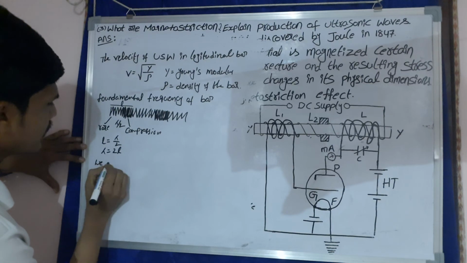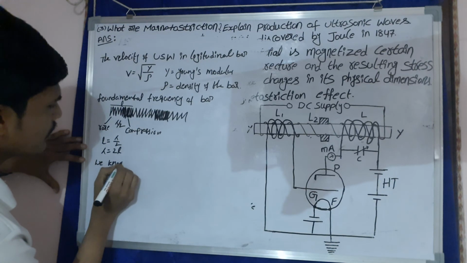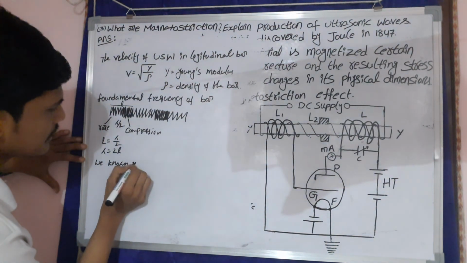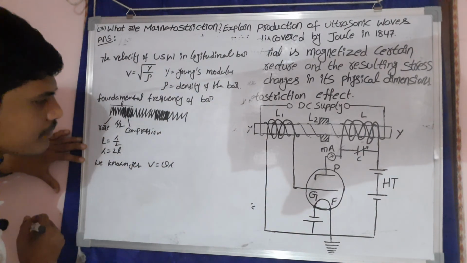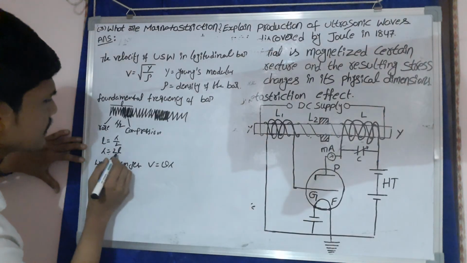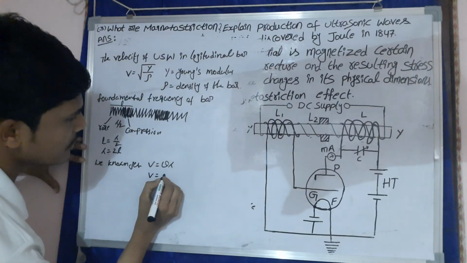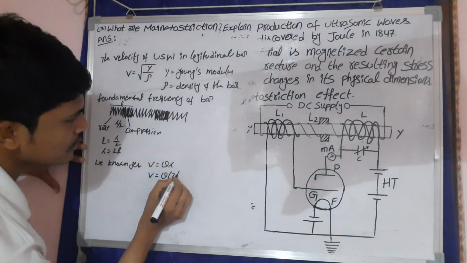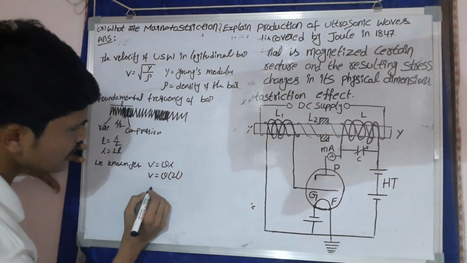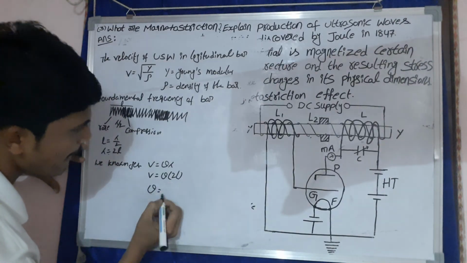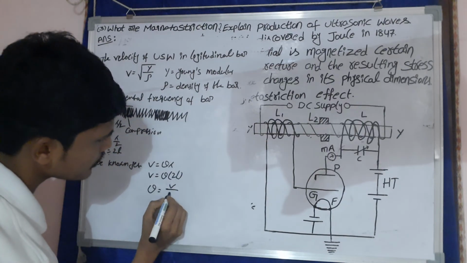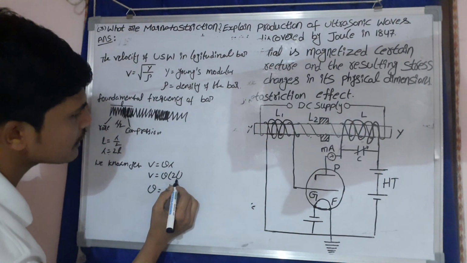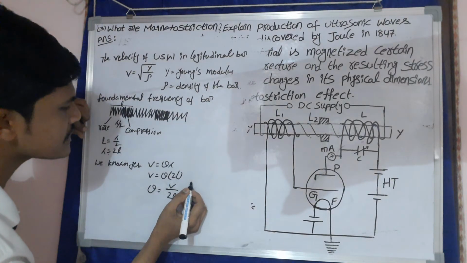Now we get V equals nu lambda. With lambda equal to 2L, V equals nu into 2L, so nu equals V by 2L.